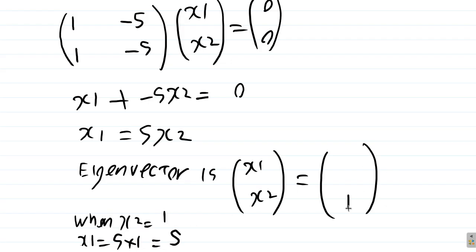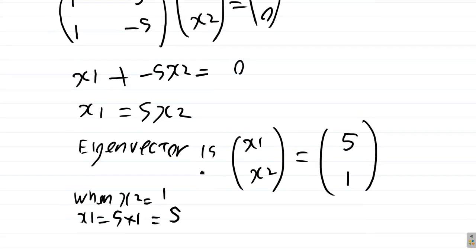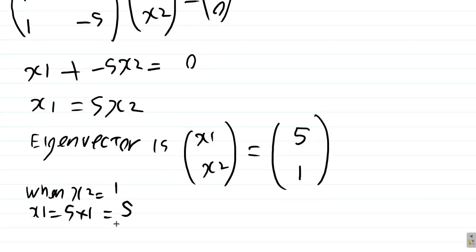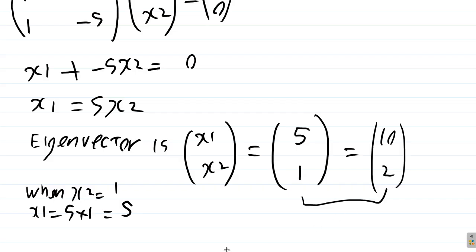So x2 is 1, x1 is 5. You could even say x2 is 2, it's the same thing as saying x2 is 2, x1 is 10. Right? It's just that you can factor out 5 and get back 5, 1. So this is an eigenvector. This is also an eigenvector. But use the smallest numbers available.